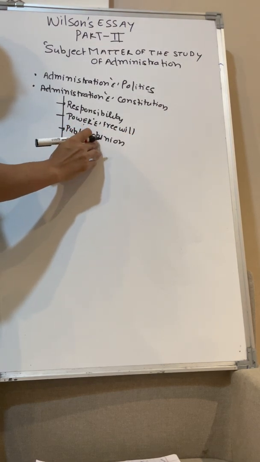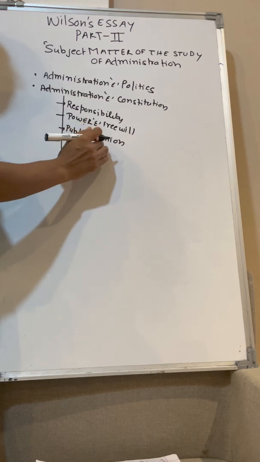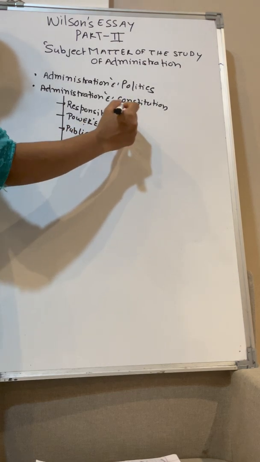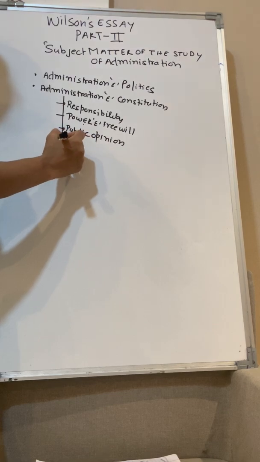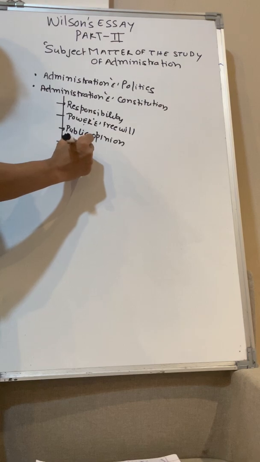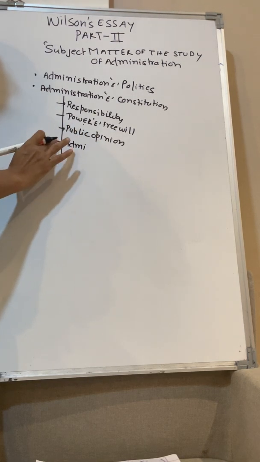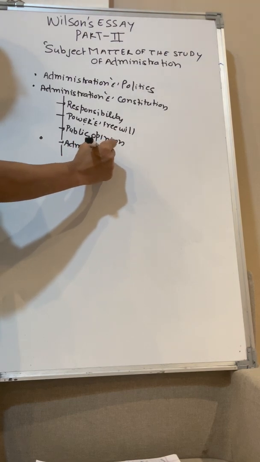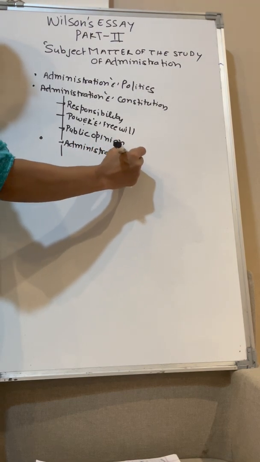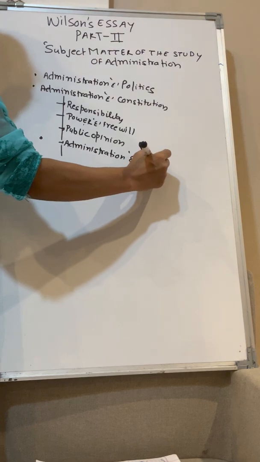Why does he talk about public opinion, and what is the relationship between public opinion and responsibility? Then the final thing: what is the relationship between administration and bureaucracy? This will be the final point. Public administration and bureaucracy.